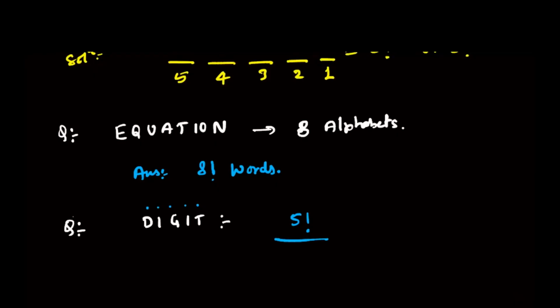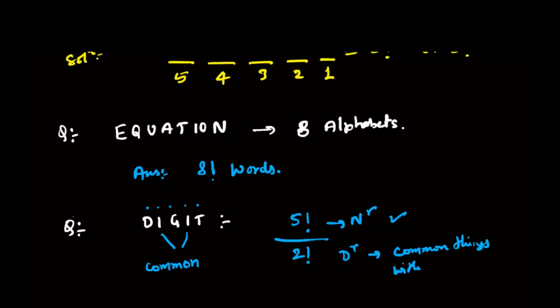And then 2 I's are common. So you just divide by 2 factorial, whatever things are common. Remember that I'm not changing the numerator. The numerator remains as it is. But in the denominator we put the common things with the factorial. So 2 I's were there and therefore we got this.